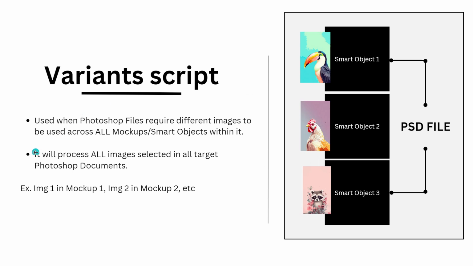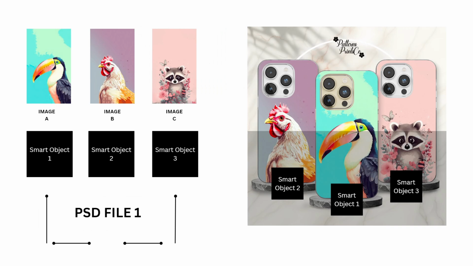This script will process all images selected in all target Photoshop documents. So for instance, if you want to use image 1 in mockup 1, image 2 in mockup 2, etc. One image here, one image here, one image here, different images.